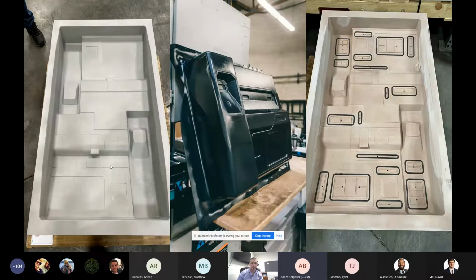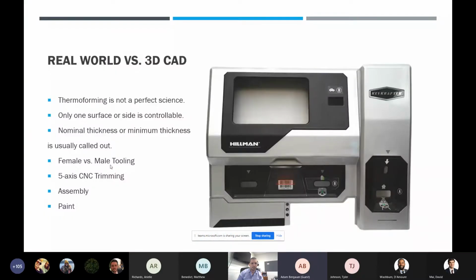It's a fire-rated material, so that's why it's pretty high-dollar stuff. From the mold on the left, we'll form the parts, and then we have to wait a day or so to let them shrink. Then they go on the fixture there on the right side. And then there's pretty cool 5-axis cutting, which you can see on this last slide. We do quite a bit of assembly on the other side of this part, and then we obviously do a lot of paint and some decals and stuff like that.